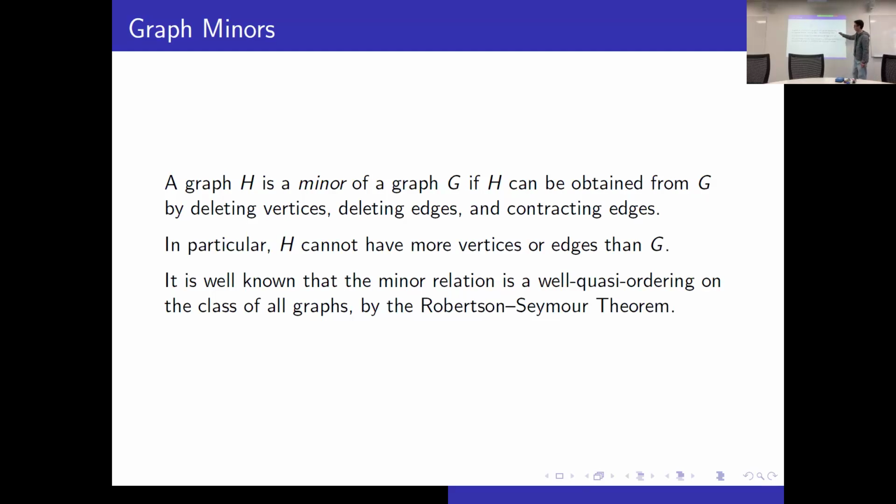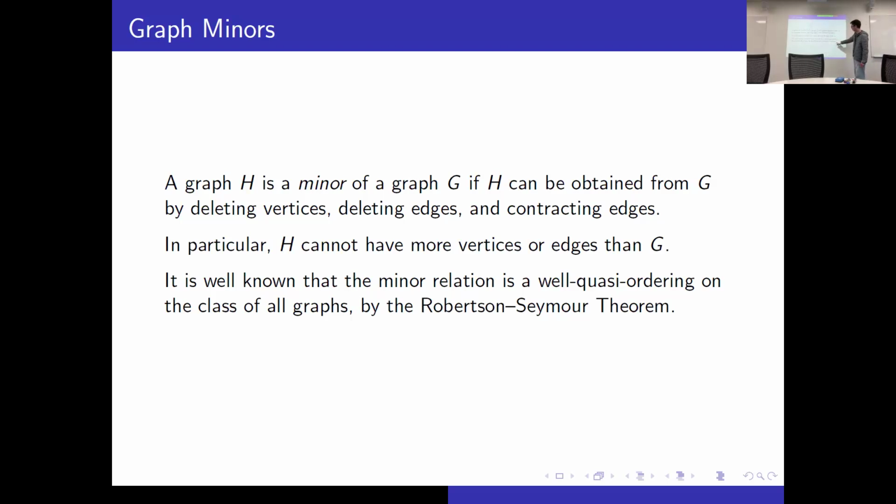So graph minors are very important in graph theory. Another observation is that if you have a minor of the graph G, then the smaller graph cannot have more vertices or edges than the original graph.